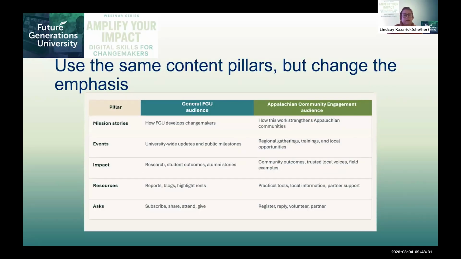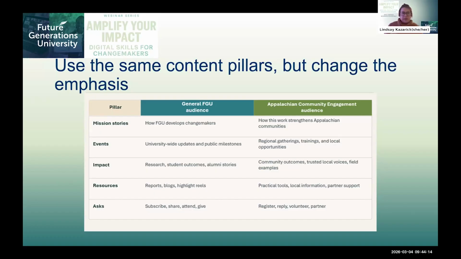And then this is a simple breakdown of how we would continue to do what we just did with mission and stories. For the university, we would talk about how the university develops change makers through our students. For the Appalachian program, I would talk about mission stories through how our work strengthens Appalachian communities. For events, for the university, university-wide updates and public milestones.